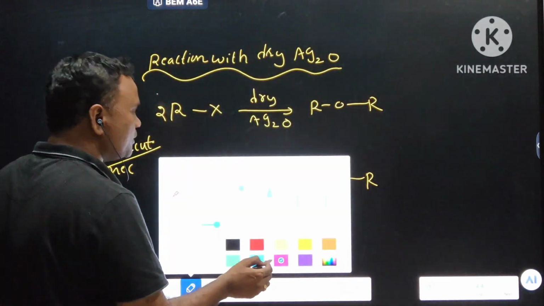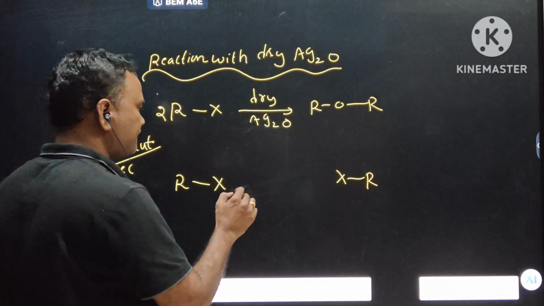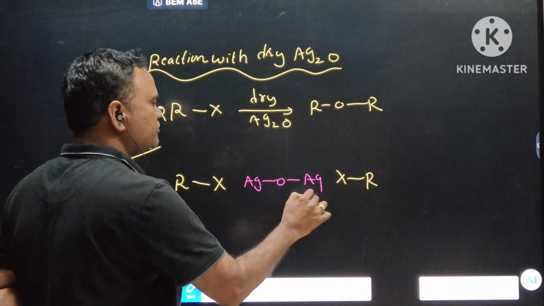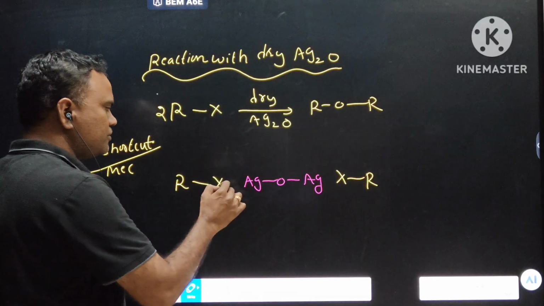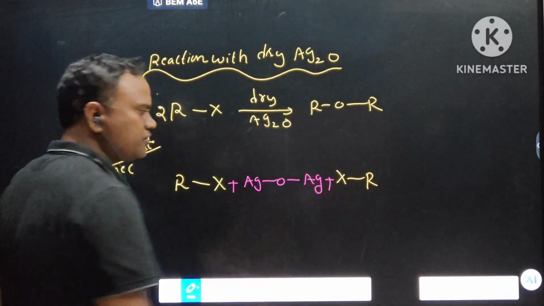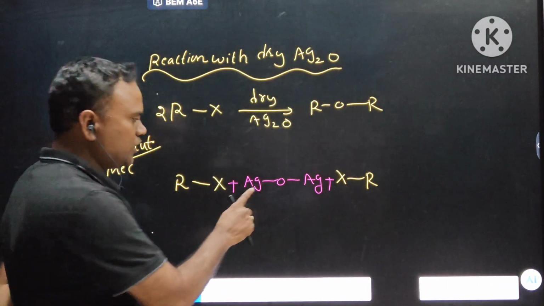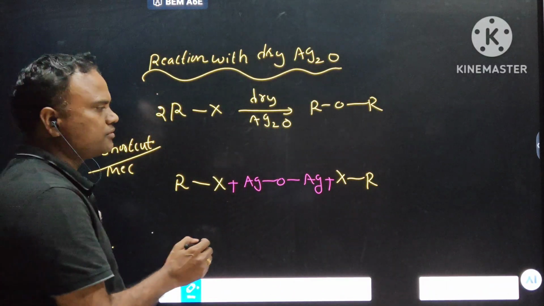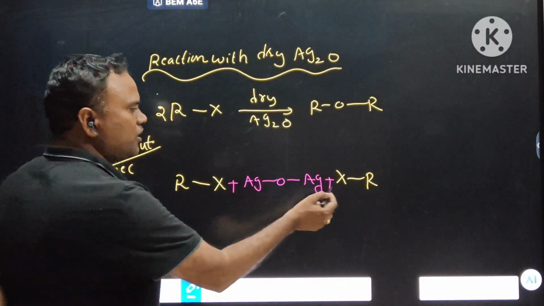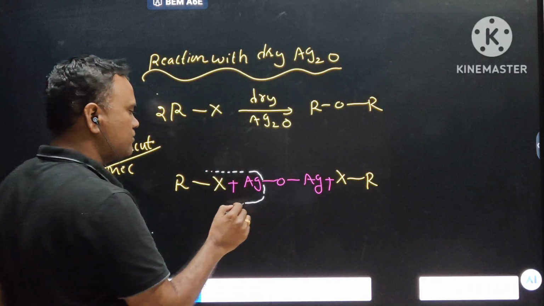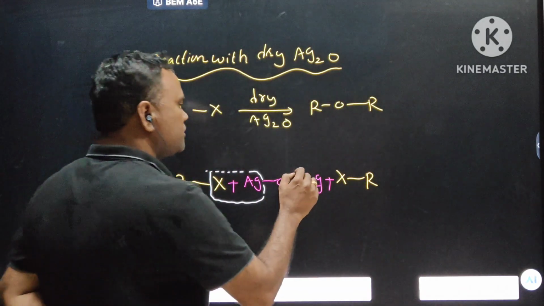In the middle, I'm writing Ag2O, that is Ag, oxygen, Ag, plus. Guess what will be eliminated? Ag and X, AgX, meaning AgCl, AgBr. Here, Ag and X, eliminate this.